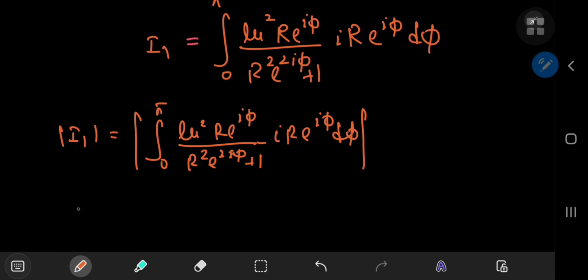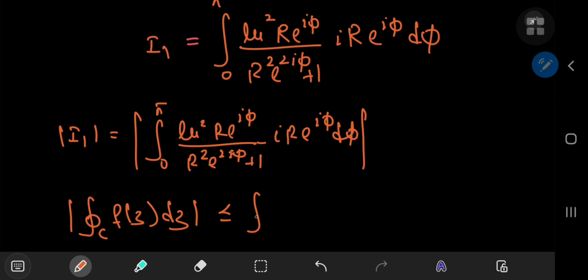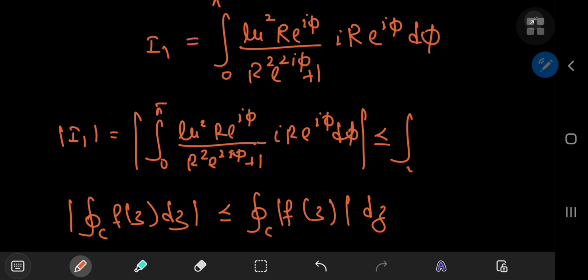So we know that the absolute value of an integral over some contour is less than or equal to the integral over the same contour of the absolute value of the function. So we can apply it up here. If I just take this absolute value, this modulus, inside the integration operation, I will have a less than or equal to inequality.